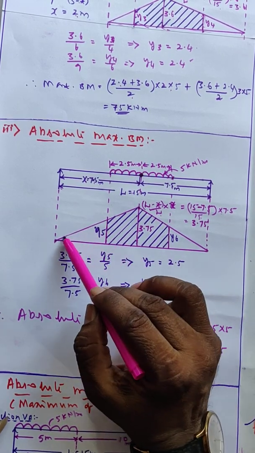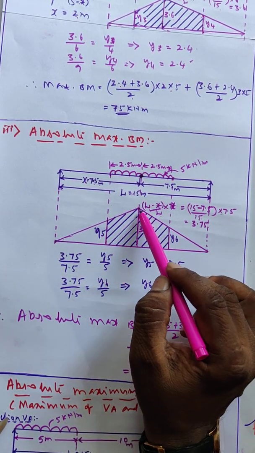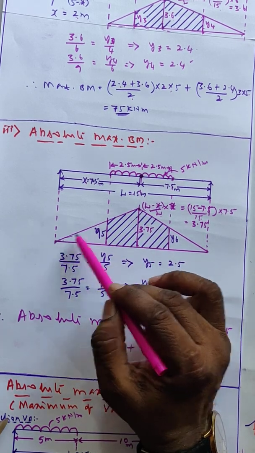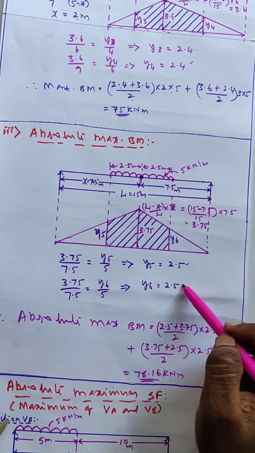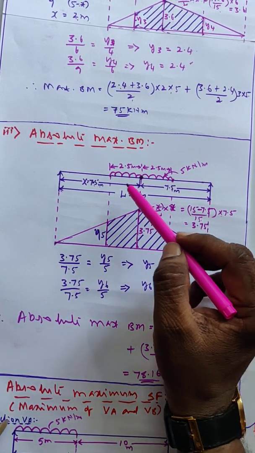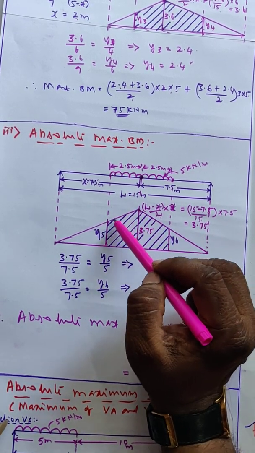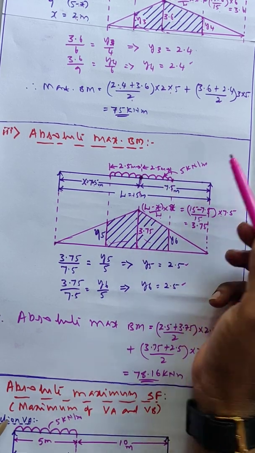So this coordinate, how to calculate? From this similar triangle property we can calculate 3.75 divided by this equal to y5 divided by this. y5 I got, similarly I got y6 also. Now the area of this area plus this area into intensity I am doing.